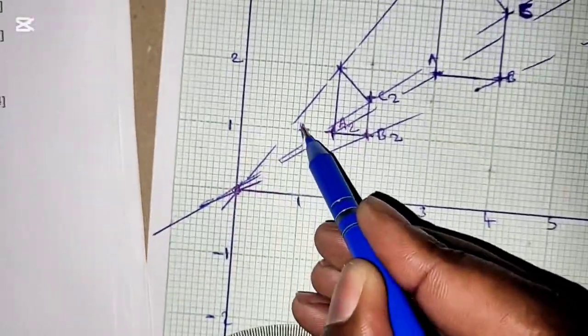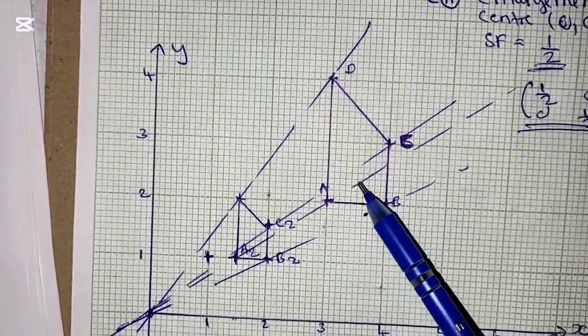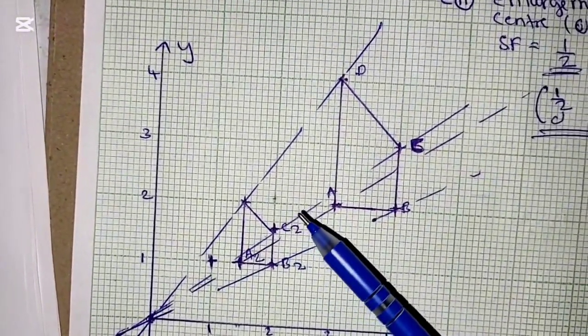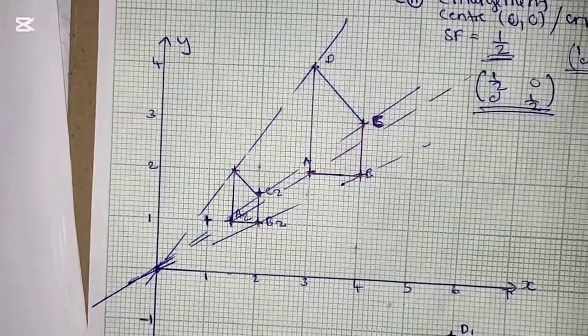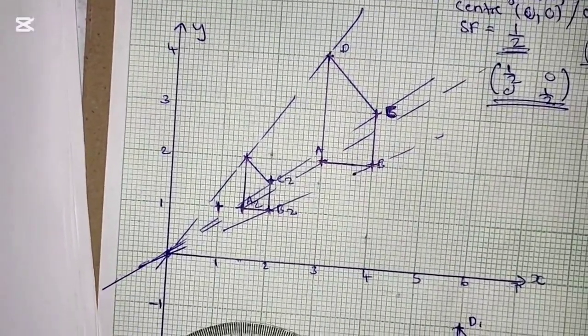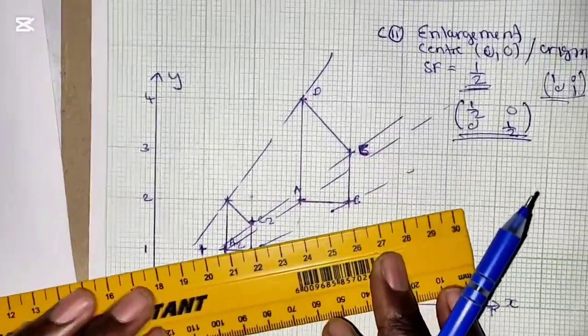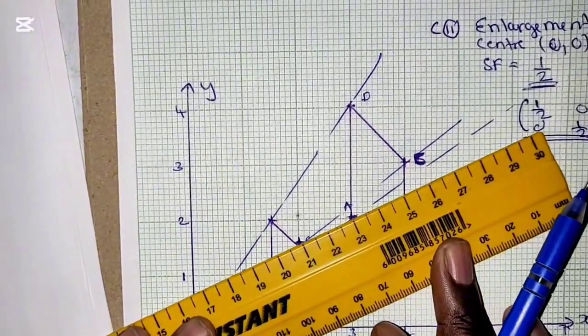So that's our center. We're going to transform A, B, C, D onto A3, B3, C3, D3. We can take every point one by one. So we are going to take point A to the center.